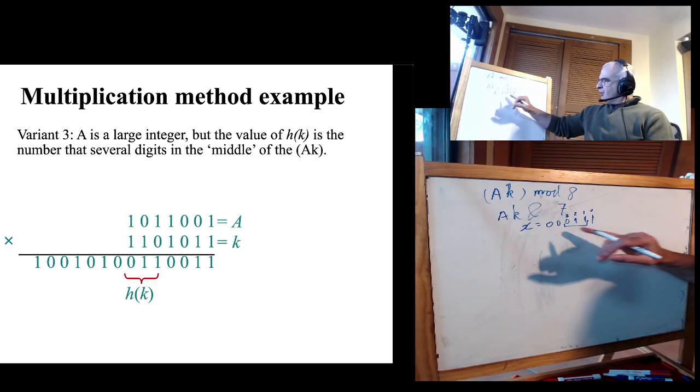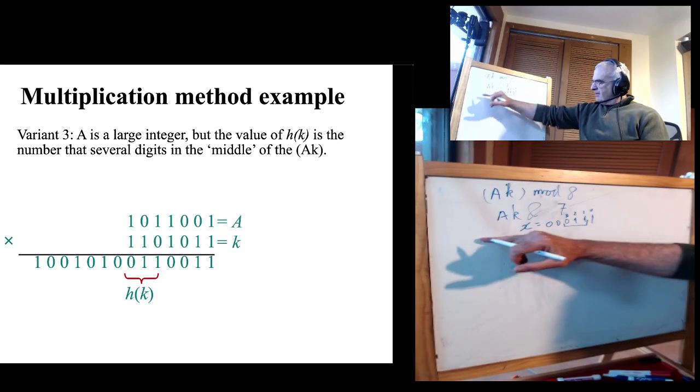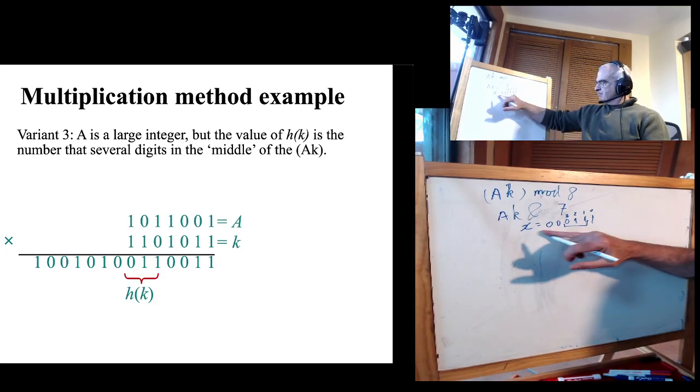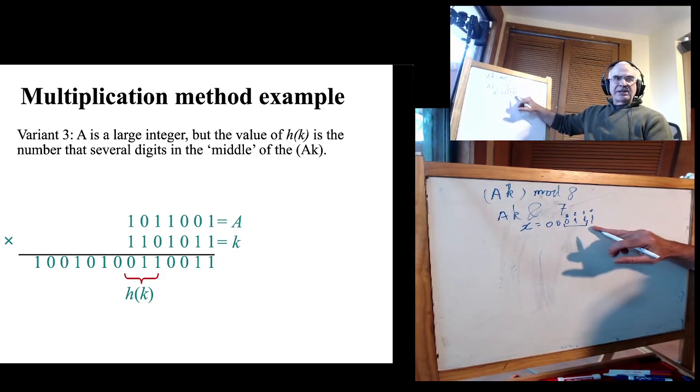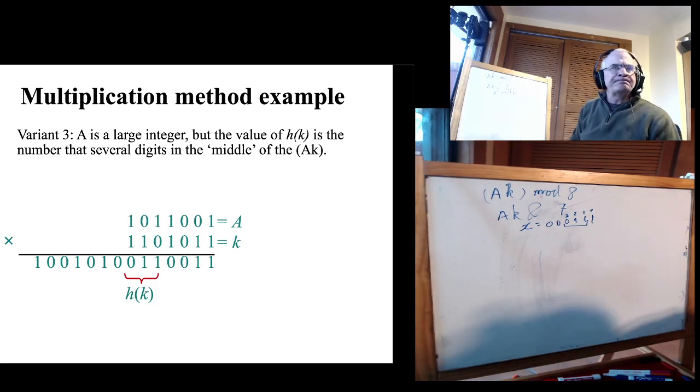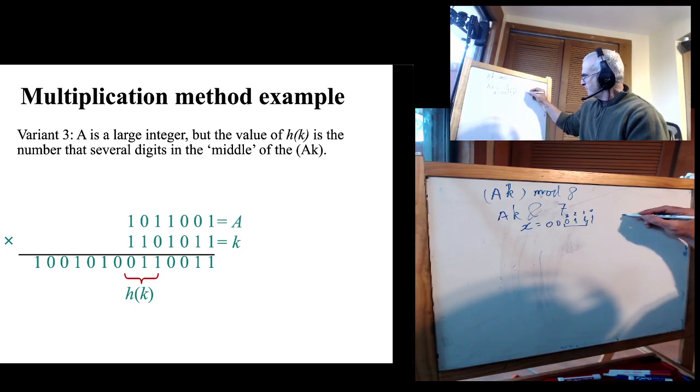When I'm doing the modulo operation, I'm killing everything to the left. But how can I get rid of this one? Hacking question? Sorry? Bit shifting? Bit shifting, yes, exactly.